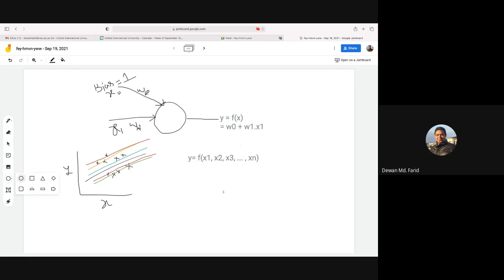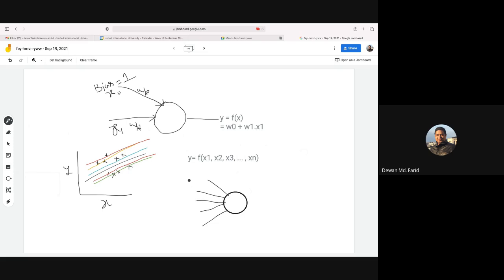So this is our neuron. It has initially a bias and x1, x2, x3, xn.